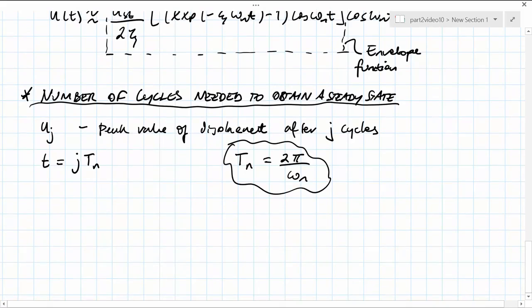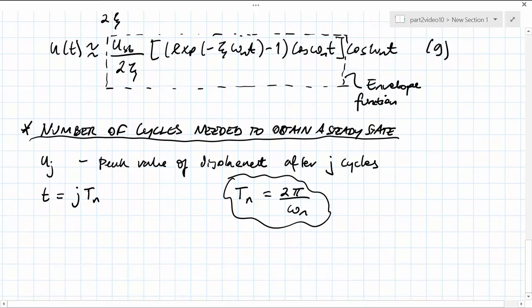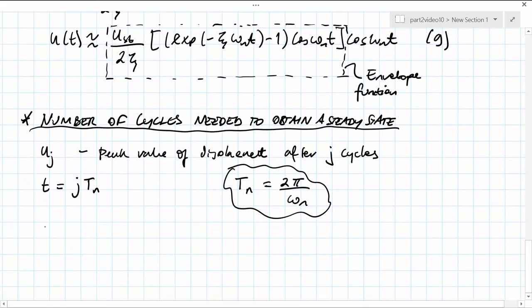In order to obtain the maximum amplitude in equation 9, we set cosine omega n t equal to 1.